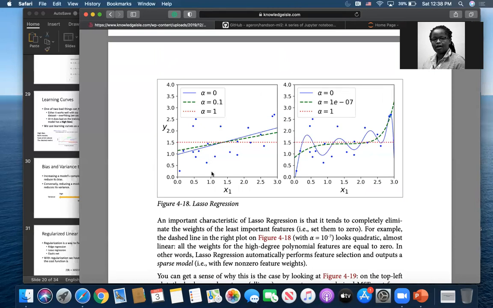Yeah, so this is what shows you the changes of the learning rate, like the alpha, right? When you have alpha of the blue, it's just like a linear regression without regularization, so you can see it's just a straight line. And on the right chart, it's this curve, which is just trying to fit as many points as we can. Then when you increase alpha to 1, it almost becomes a straight line.